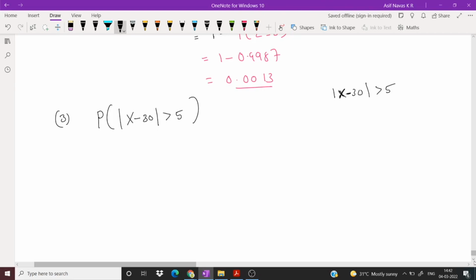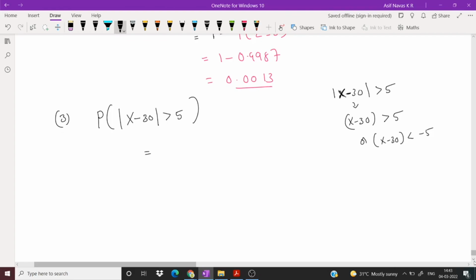Here there is some confusion. What do we mean by modulus of x minus 30 greater than 5? It means x minus 30 greater than 5, or x minus 30 less than minus 5. So there are two possibilities.